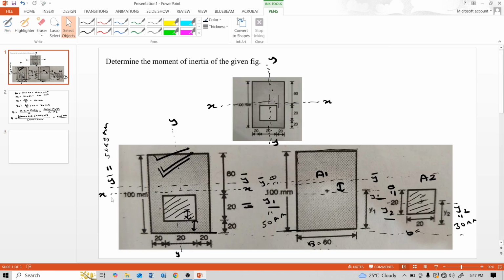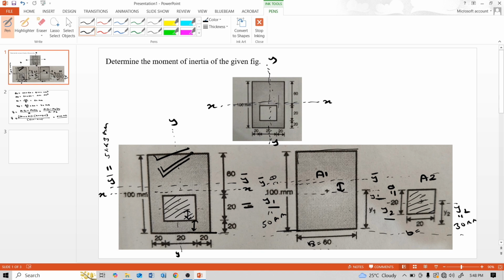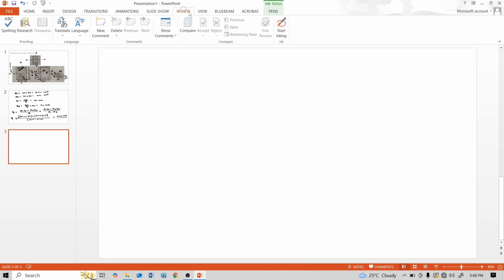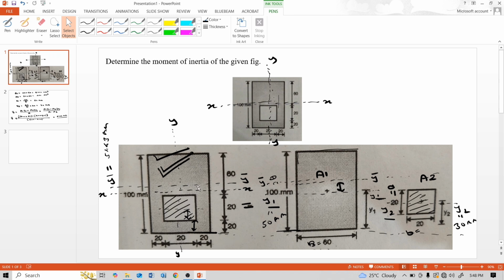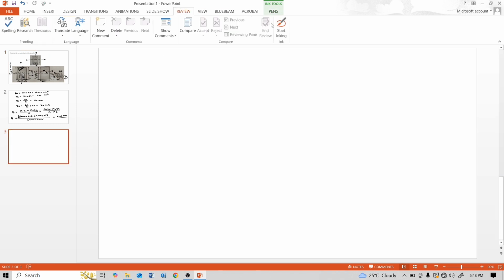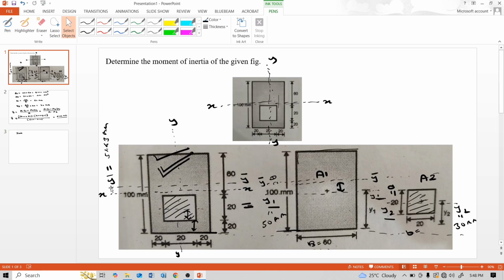This is the x-axis. Consider the axis x1 x1 for this rectangular part and x2 x2 for this square part, and our aim is to find Ixx, the moment of inertia about the x-axis. The x-axis is this original section axis xx.